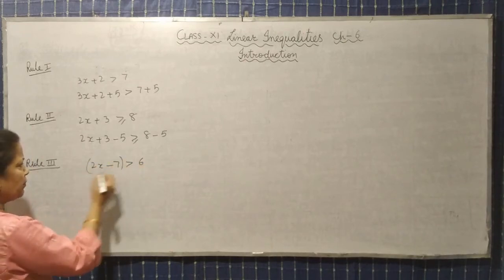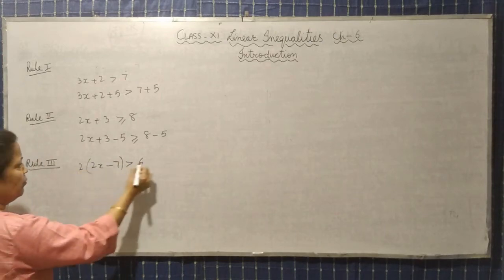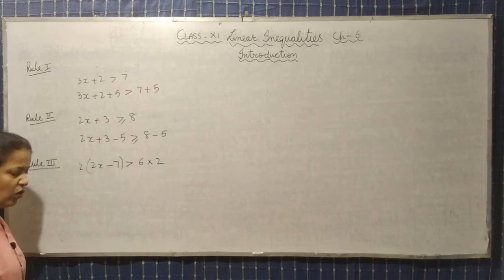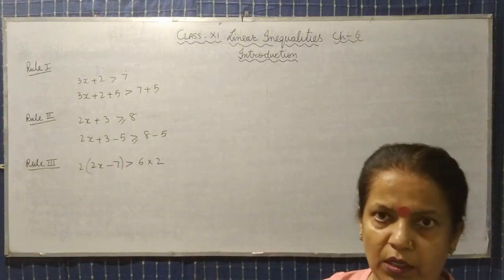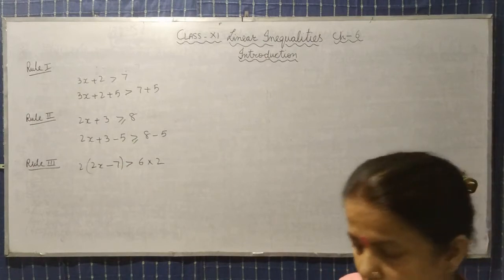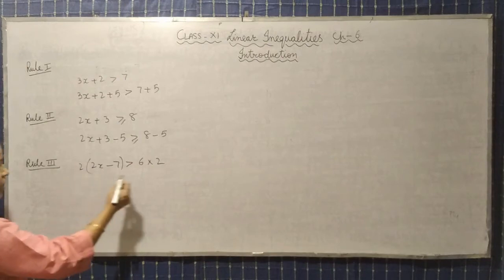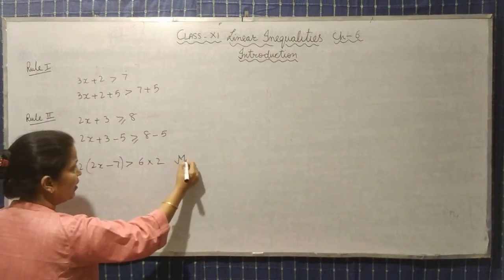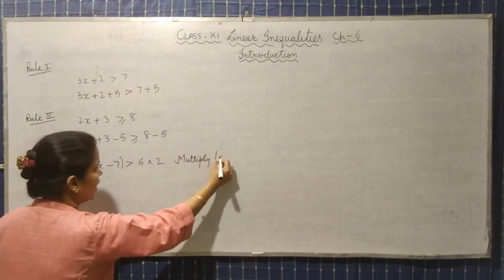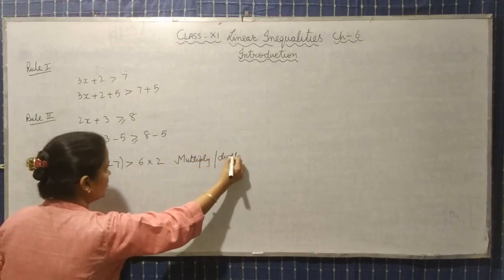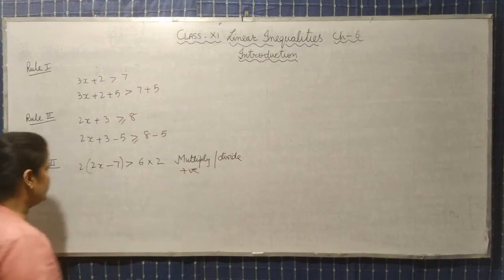If we multiply with the positive value on both sides, then also there will be no change in the linear inequality. This rule is true for multiply as well as for divide. The number should be positive.